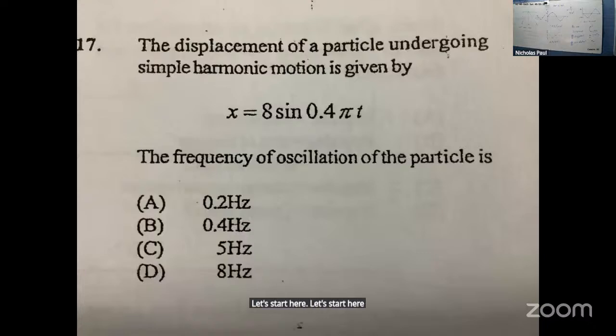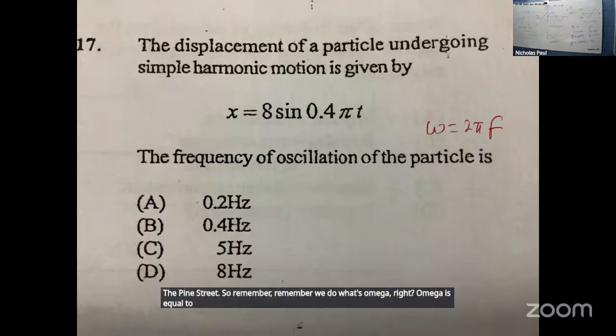Take a little multiple choice. I'll give you a little chance to work it out. Think about it. They give you displacement and the way to find frequency. So remember, omega is equal to 2 pi f. You have to figure out from that formula how you get it.